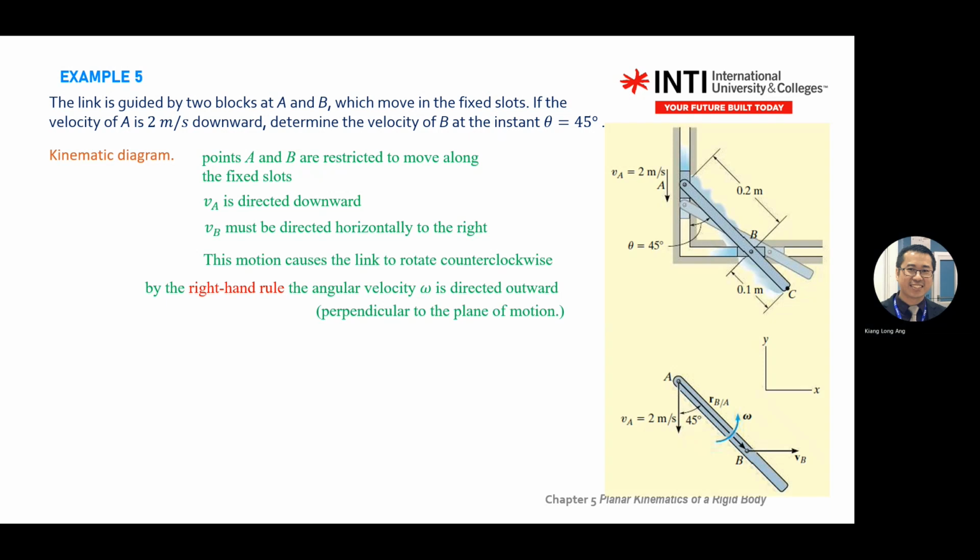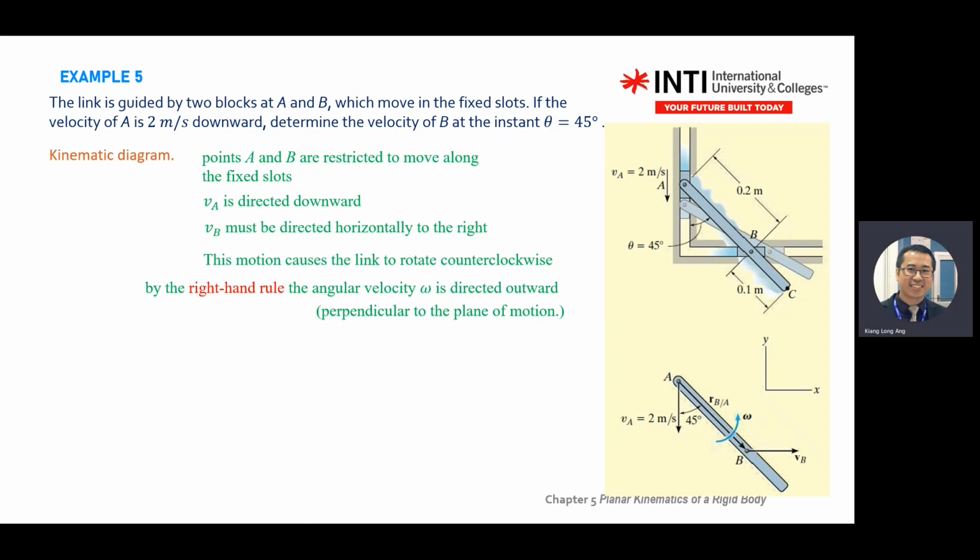So you draw your free body diagram, or more exactly the kinematic diagram. In your incoming assessment, if the question asks you to draw a free body diagram, it also means that it expects you to draw a kinematic diagram. Although there's no force inside there, there is velocity and angular velocity.